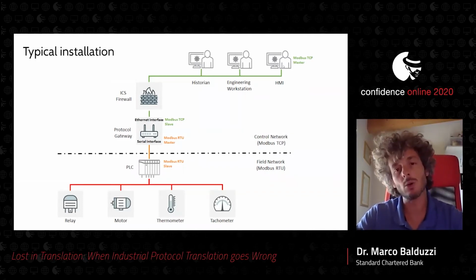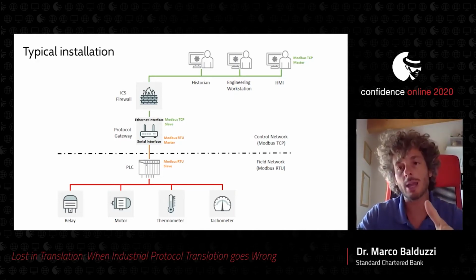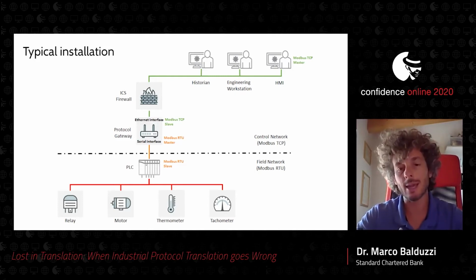The master node is the node that controls a slave node. In this case, the master node is an HMI, an interface where the OT engineer can operate and set, for example, the speed of the motor, can read the value of the thermometer, and so on and so forth. From this HMI interface, you can control the PLC, which acts as a Modbus slave node.